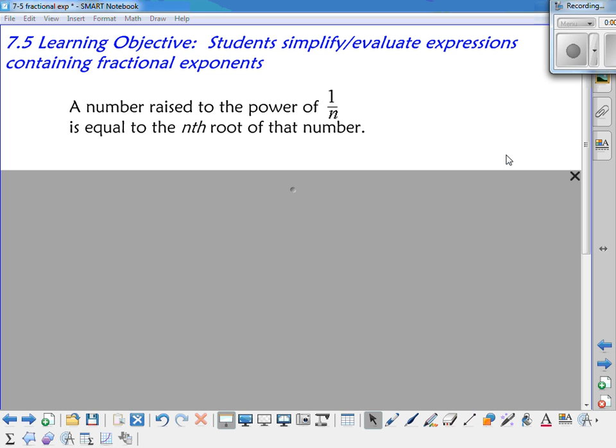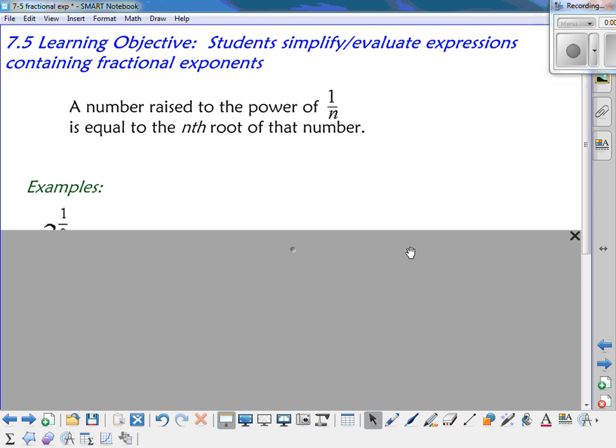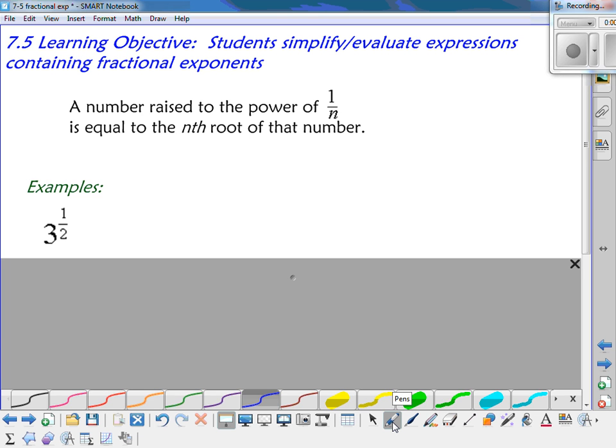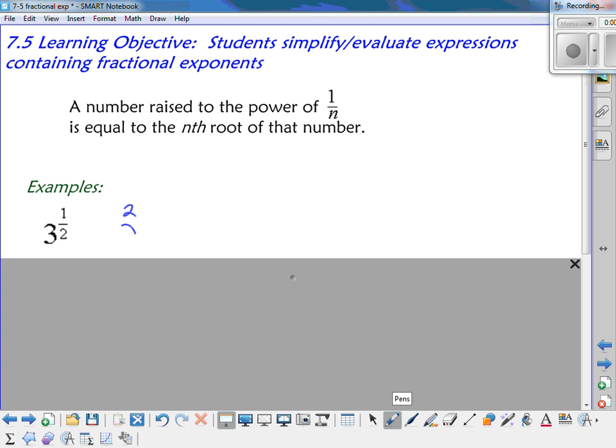All right, so today's learning objective, students: simplify and/or evaluate expressions containing fractional exponents. A number that is raised to the power of 1 over n is the same as the nth root of that number. That'll make more sense when I show you some examples. For instance, if I have 3 to the 1/2 power, that means I'm taking the second root of 3.